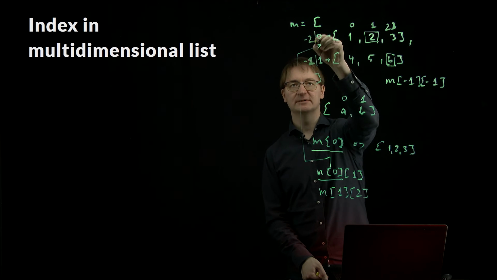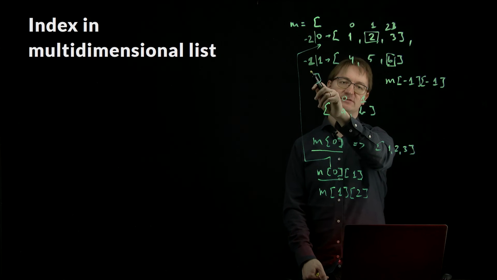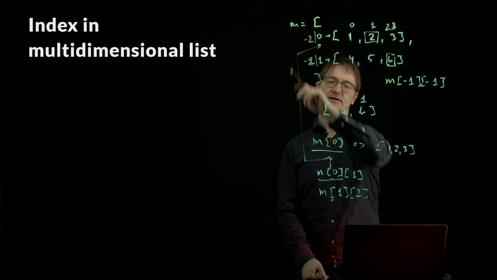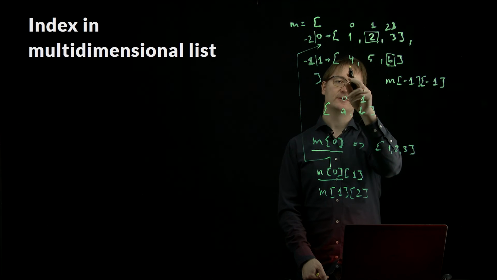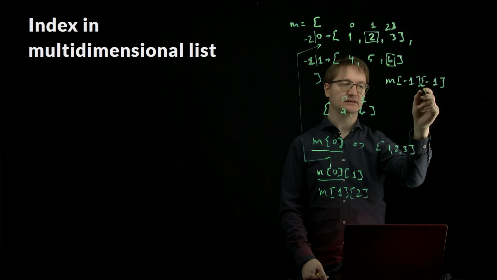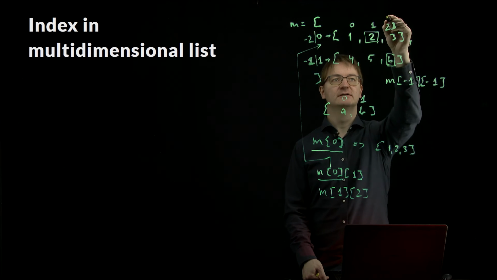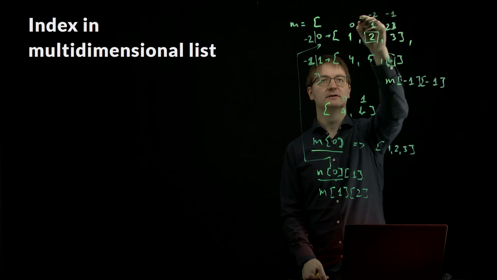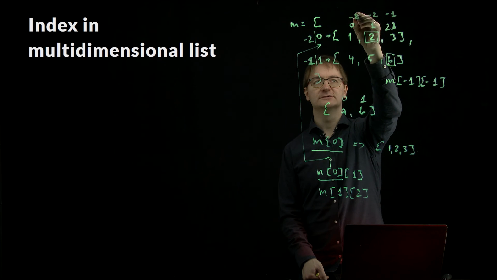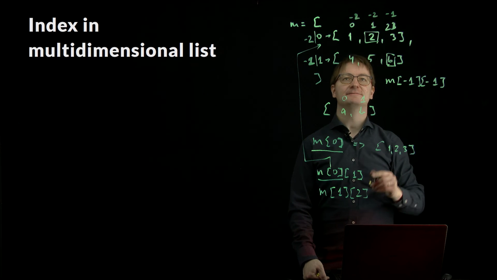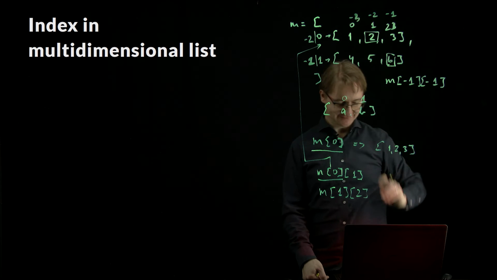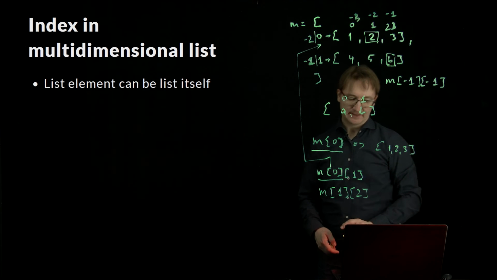Those are basically the same. Minus 1 points to the last element of this M list. And from this list, I also take the last element, or the element at position minus 1, minus 2, minus 3. Here is minus 3, I mixed up.